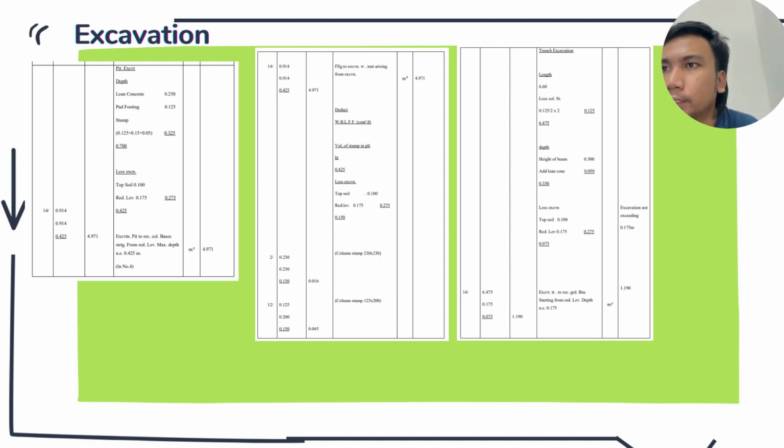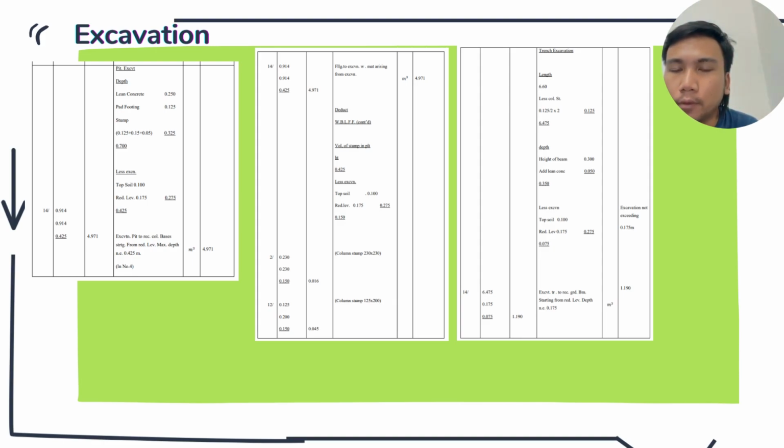Next, for the deduction of the volume, we calculate the column stump 230 by 230: 2 times 0.230 times 0.230 times 0.150, which is 0.016.